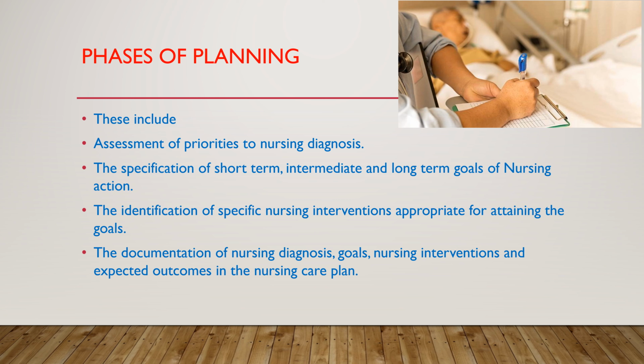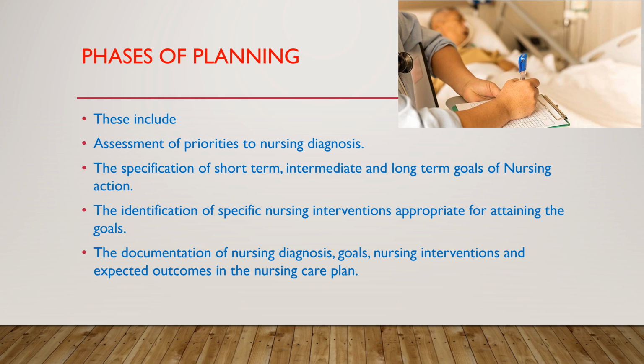Among those priorities, you have to see the one which is a short term need, which can be met immediately, the one which is intermediate, which may take 2 3 days, and one which is a long term goal, which may take a longer period of time.